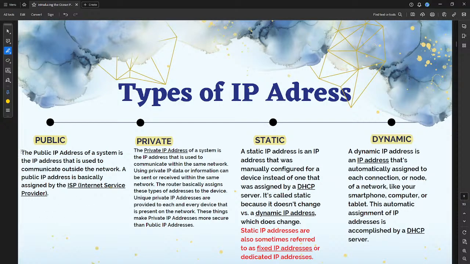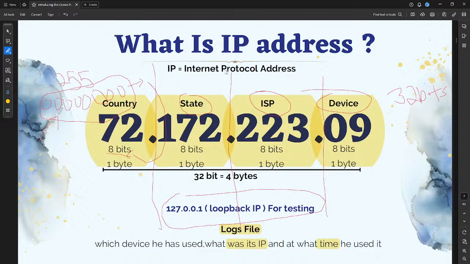Now, a public address is basically assigned by the internet service provider. You can see that clearly written here. On our previous slide we saw this portion of the IP address will be issued by your ISP.